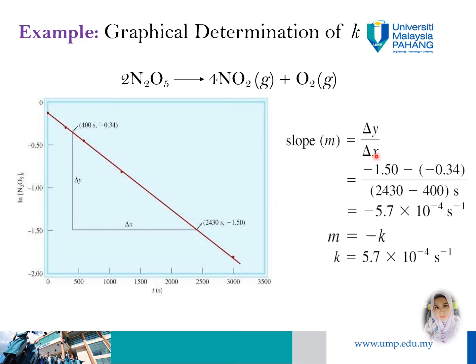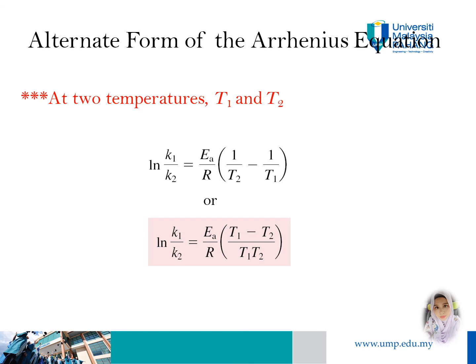So the slope here, the change in y over change in x, is equal to the constant K. Okay, at the two different temperatures T1 and T2, you can determine K1 and K2 at T1 and T2.